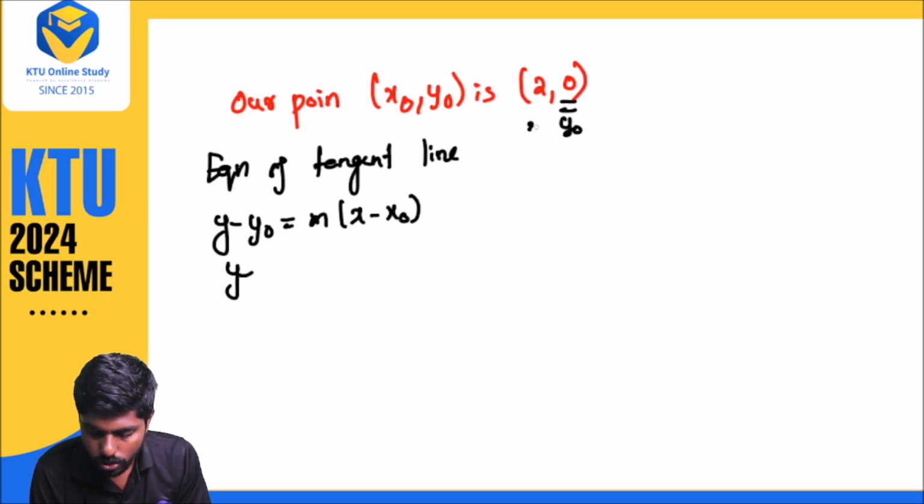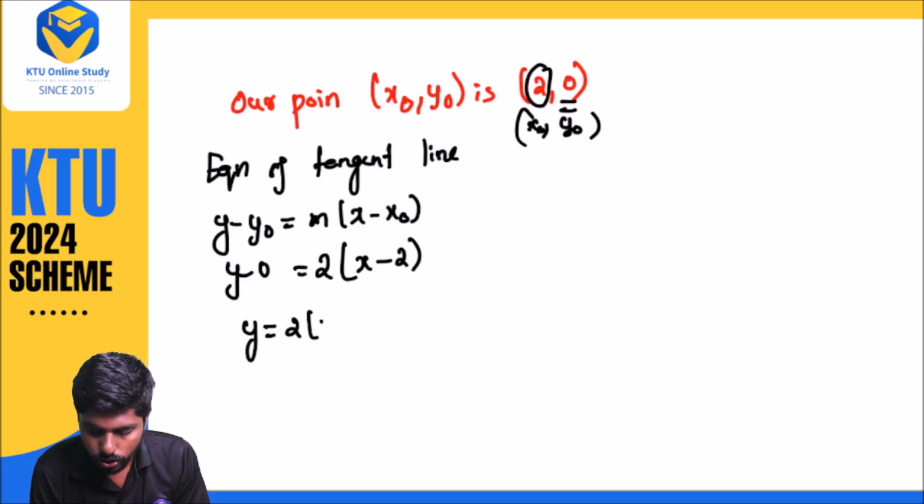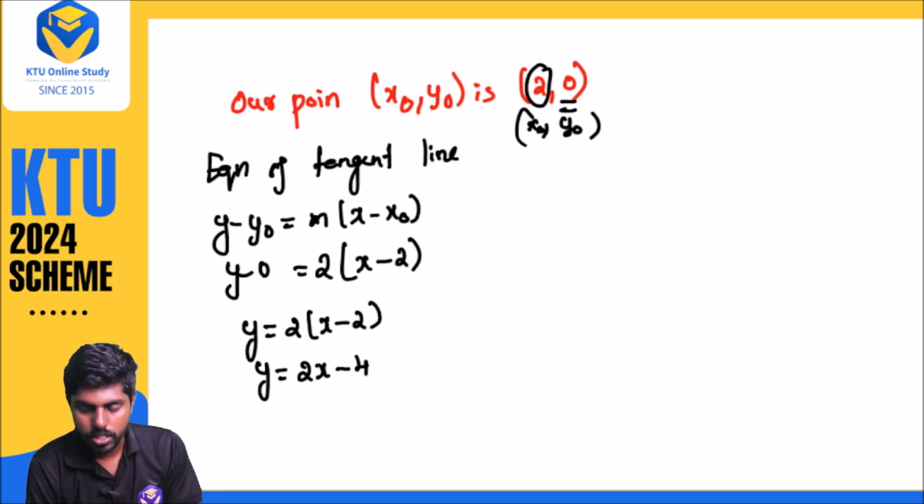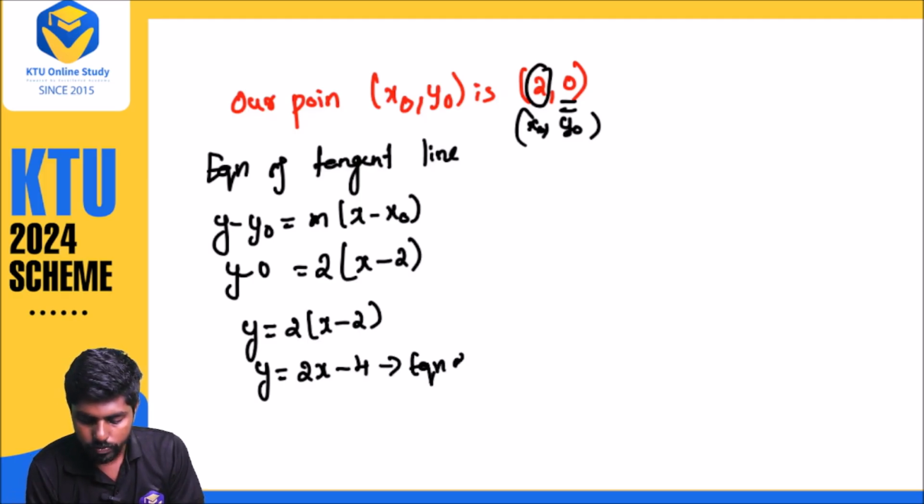So 0 minus, m is equal to 2, x minus x naught. x naught is 2. So our equation is y is equal to 2 into x minus 2. This we can also write as y is equal to 2x minus 4. This is the equation of tangent line.